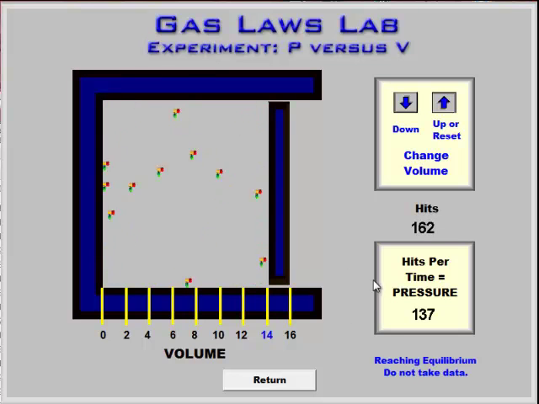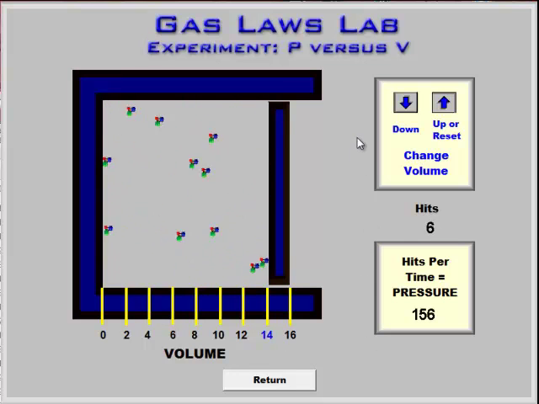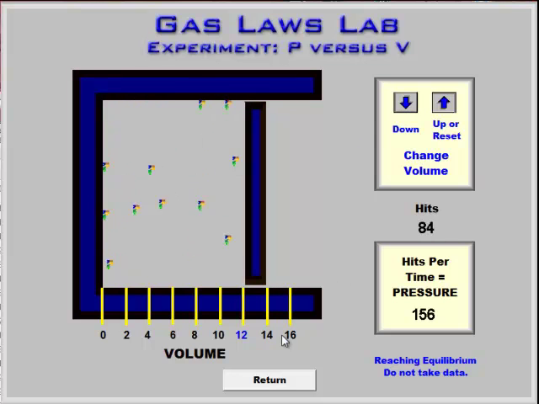Every so many seconds we can take a reading, and then we can use this information as our data. And then we'll change the volume. So the volume goes down to 12. We'll take another set of data.